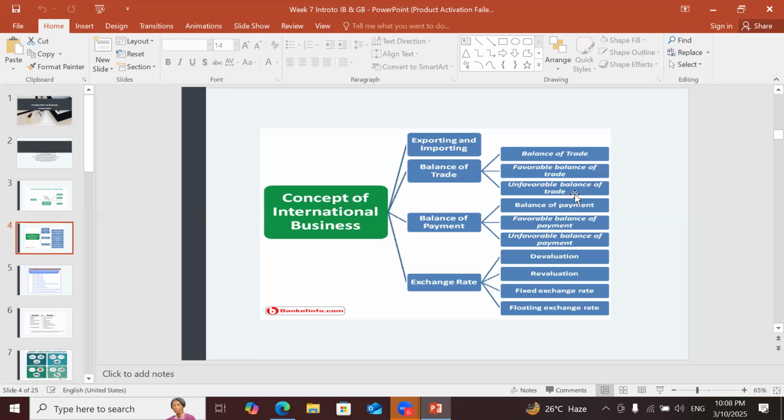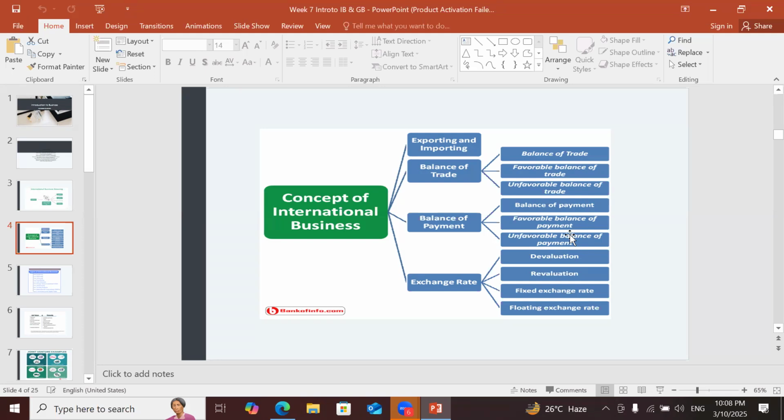Unfavorable, in the same way, is when you export less and import more. This is the unfavorable trade. Balance of payment. When you look at cash outflow and cash inflow and the balance between them, this is the balance of payment.